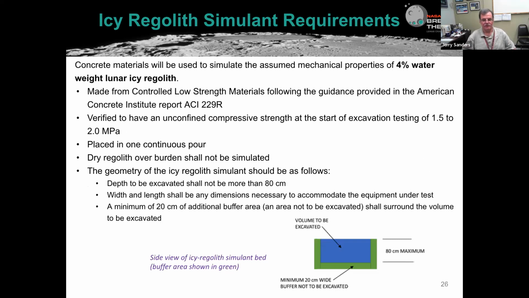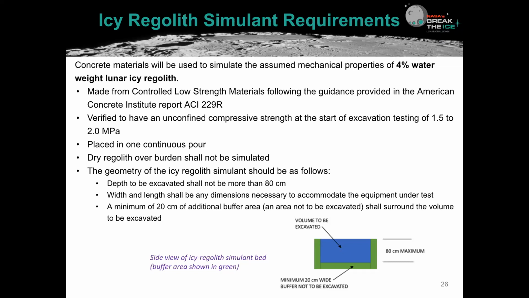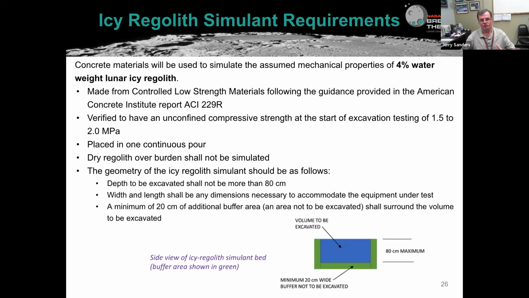Hey, Mark, I want to chime in on two points to reiterate and emphasize that you brought up. One partially deals with this slide. We want folks to recognize that there is a lot of uncertainty as to the form and the concentration of water ice in permanently shadowed craters. It could be extremely fluffy, could be extremely hard.